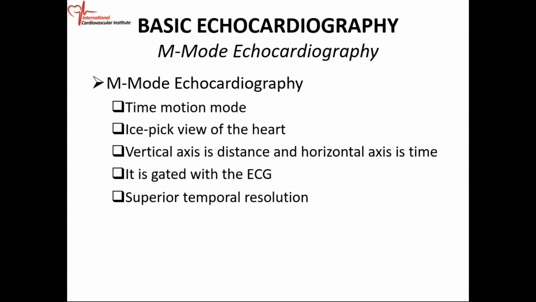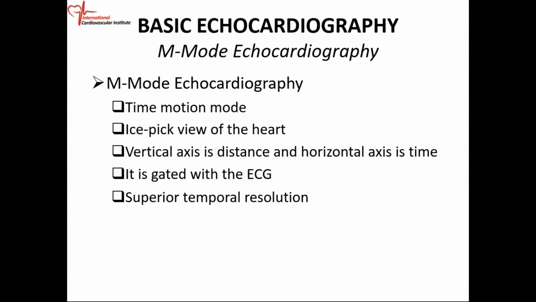All right. Another important exam question is that your M mode echo has superior temporal resolution as compared to your two-dimensional echo. And when we do ultrasound physics, we'll go into this a little bit more. When we talk about temporal resolution, it's a time thing. And the better the temporal resolution, the more frames per second you have.